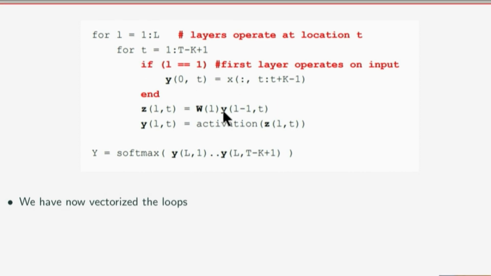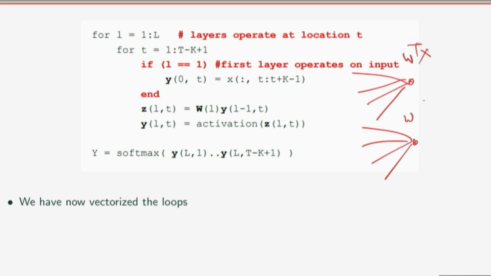The segment is extracted, and then it is as if all the neurons have stacked their weights because they act on the same chunk. They can all do W transpose x simultaneously. One neuron previously was doing W transpose x, and another neuron, acting on the same window, does the same but with different weights.